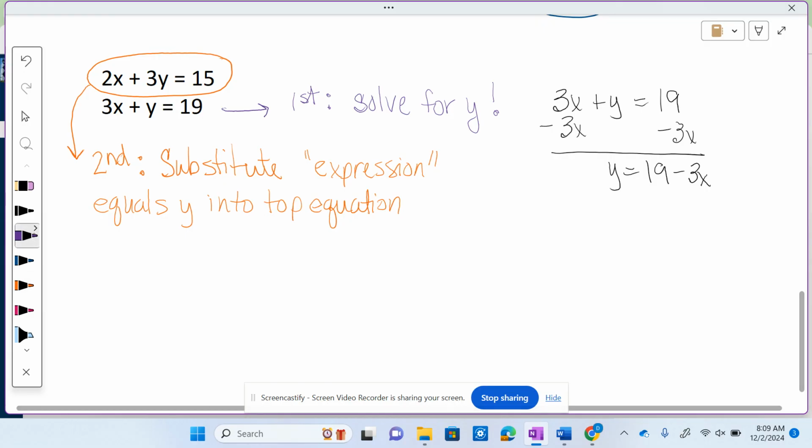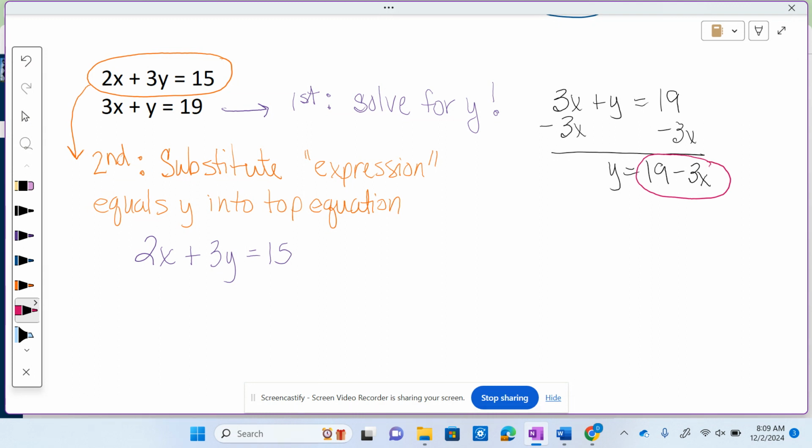So I'm going to write the top equation, 2x plus 3y equals 15. And I'm going to circle my expression. My expression is y equals what? y equals the expression 19 minus 3x.